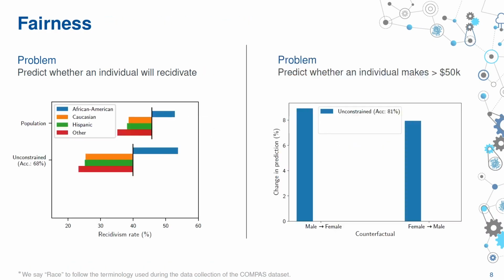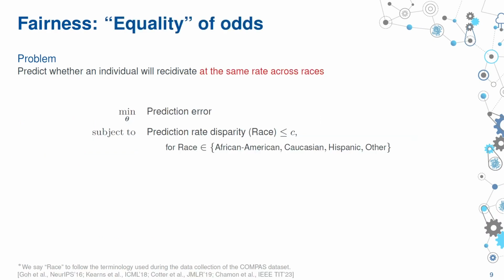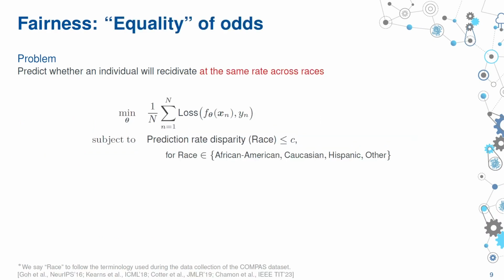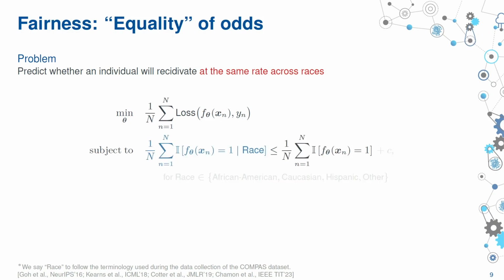And we can think about mitigating this bias in the prediction, so the amount of time that we predict recidivism. We can write that as a constrained optimization problem where we minimize, obviously, the prediction error. That part is just the accuracy. We want the most accurate method, but only among those classifiers that have low prediction disparity, which means that we predict recidivism within each group roughly at the same rate as we predict recidivism across the population. So this is the definition of fairness that we have here.